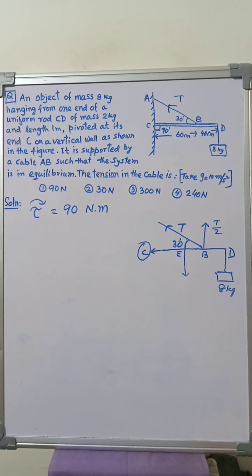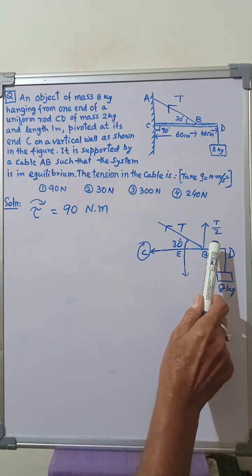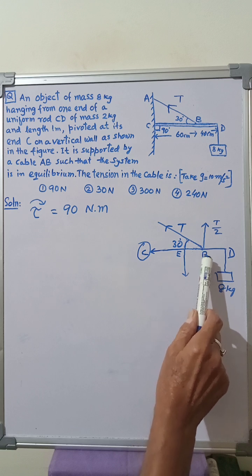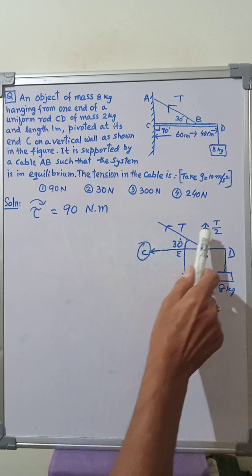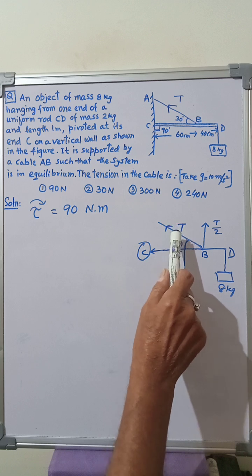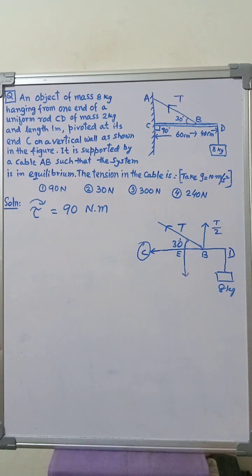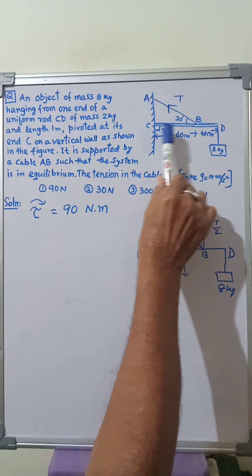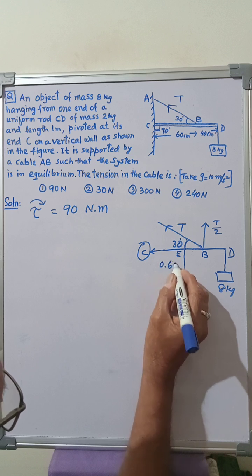Now for the anti-clockwise torque, which is produced by the only force available, this vertical force acting at point B, which is equal to T by 2. Because we have already calculated, if the tension in the cable is T, then this will be equal to T sin 30, which is equal to T by 2. It is given in the question that C to B is equal to 60 centimeters, that is 0.6 meters.